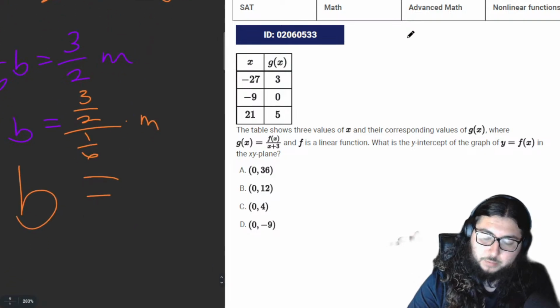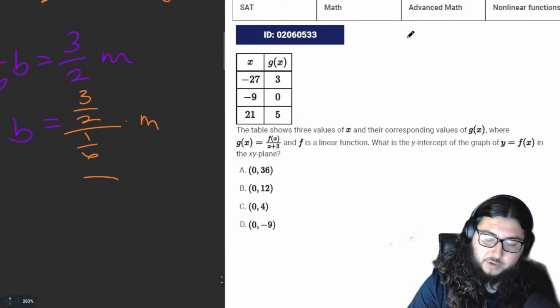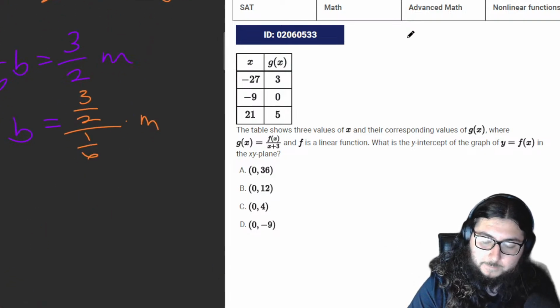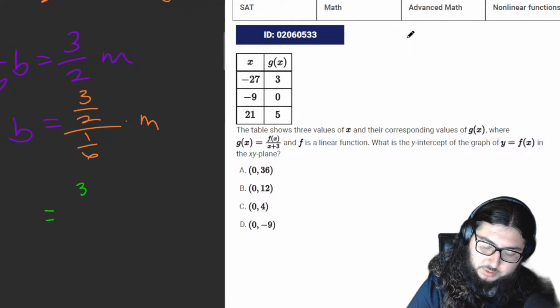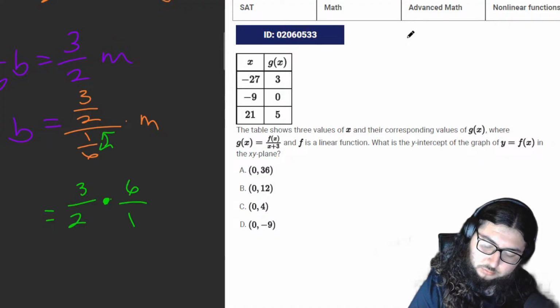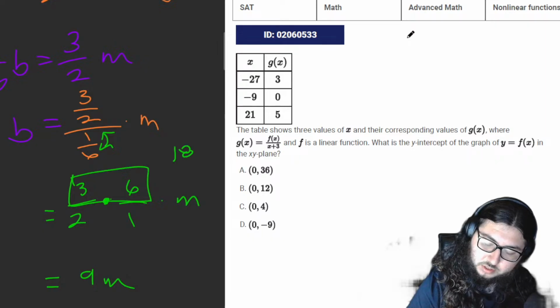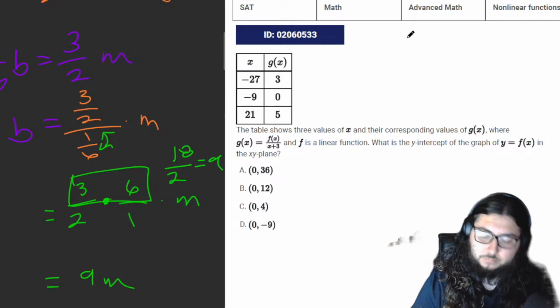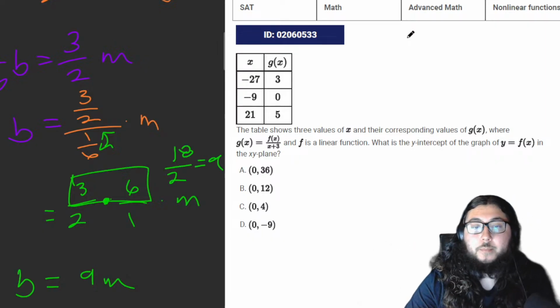Recall our keep change flip rule. To divide fractions, we keep the numerator, change the operation from division to multiplication, and flip the denominator. So we get 9m, because 3 times 6 is 18, divided by 2 is just 9. So b is equal to 9m.